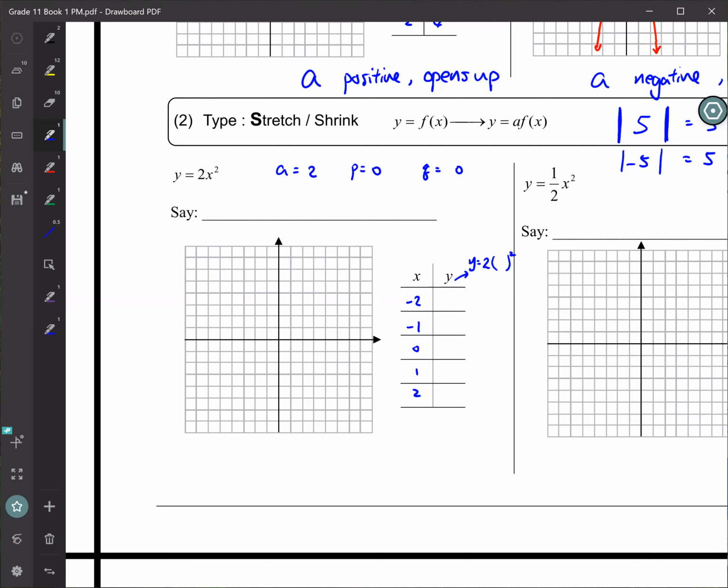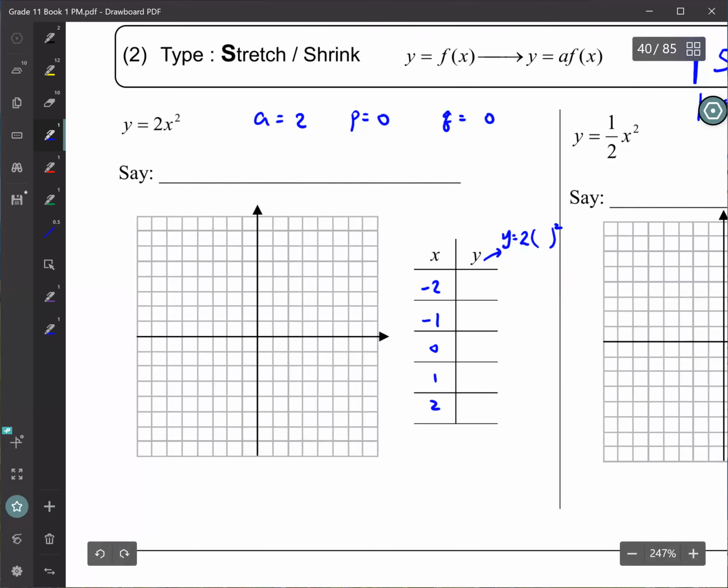By now you should probably have finished the table. Pretty straightforward: square and then times 2. Jiawen, can I have your y values? 8, 2, 0, 2, and 8.